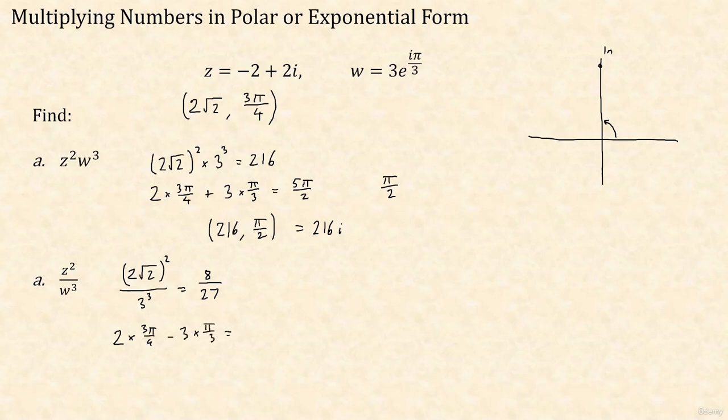So we subtracted this time because we were dividing. And when we do that, we get pi over 2. So what does that mean? It means our number has a modulus of 8 over 27 and an argument of pi over 2. So it actually had the same argument as the multiplication here. And for the same reason, it means this number is actually just 8 over 27i.